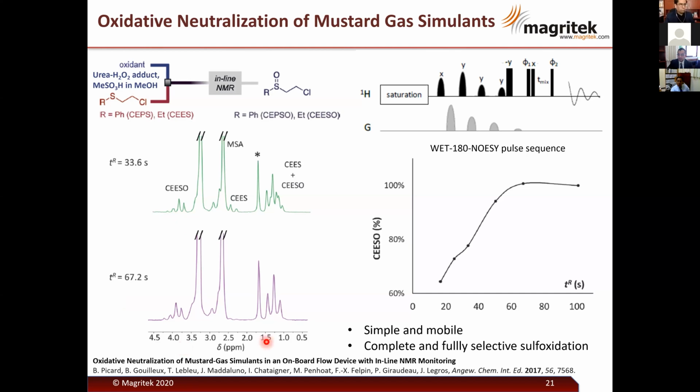At 1.25 ppm here, we can see an overlapping signal of CEES, this is the mustard gas simulant, and CEESO, this is the sulfoxide product. So they overlap at the beginning, at around 33 seconds of residence time, but at 67 seconds, we can only observe one set of triplet, which means the CEES has been completely used up.